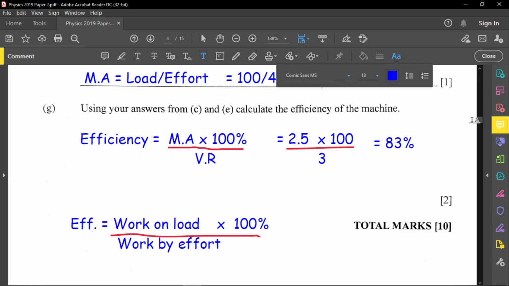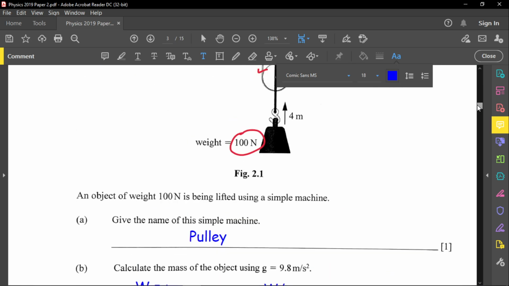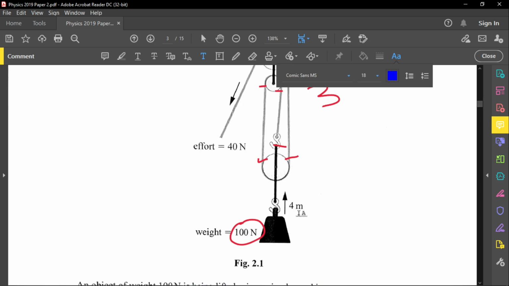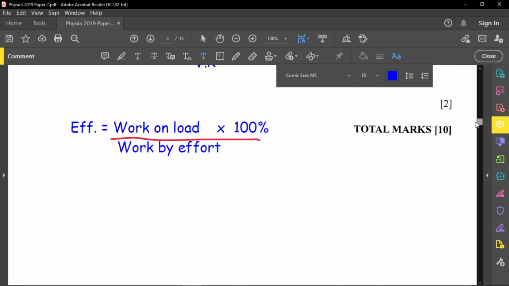Let's go back to the diagram and show you something real quick. The load here is 100 newtons and the distance moved by it was 4. The effort is 40 and the distance moved was 12, because remember the velocity ratio is 3, so the distance moved by the effort is 12. Let's see how we're going to work this out.